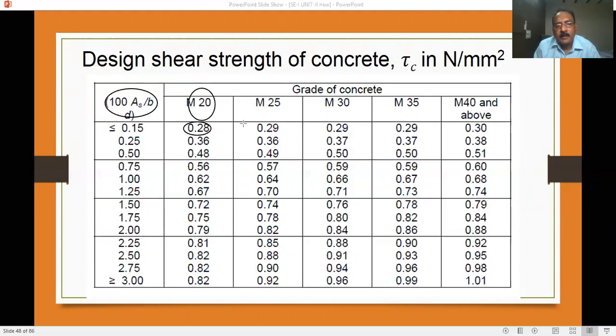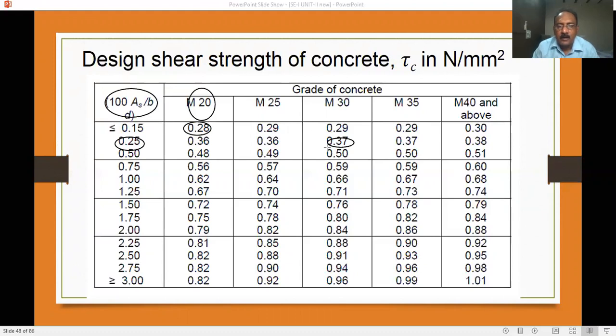Suppose the ratio is 0.25, percentage of tension reinforcement, longitudinal reinforcement, and you used M30 grade in the design, that is 0.37 Newton per mm square, the design strength of concrete.